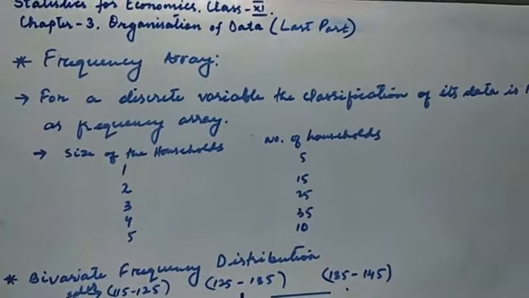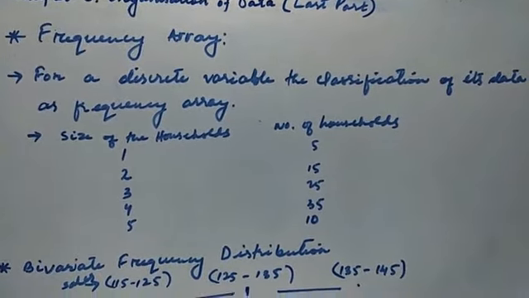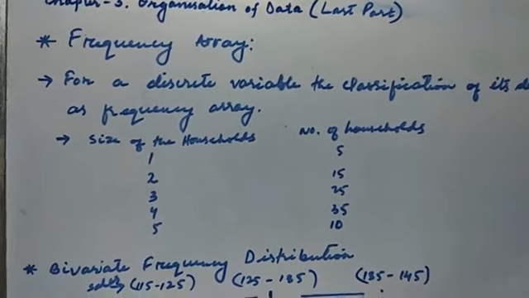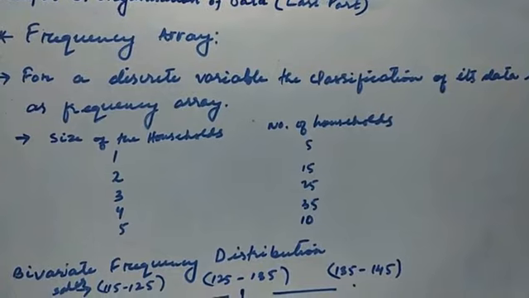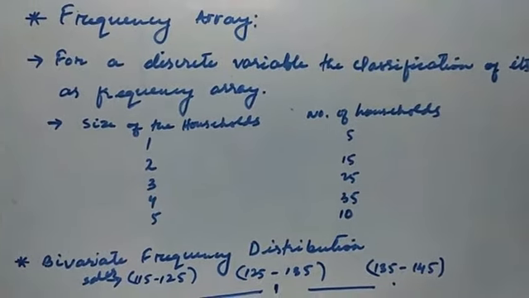Okay, so far we have discussed the classification of data for a continuous variable, using the example of percentage marks of 100 students in mathematics.